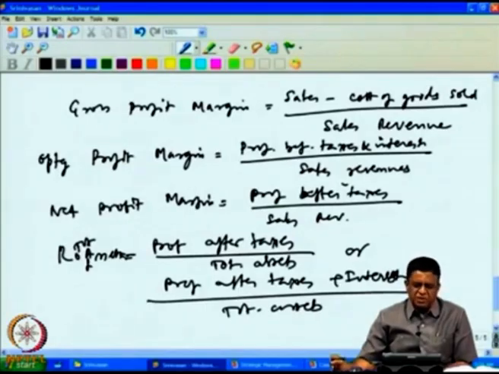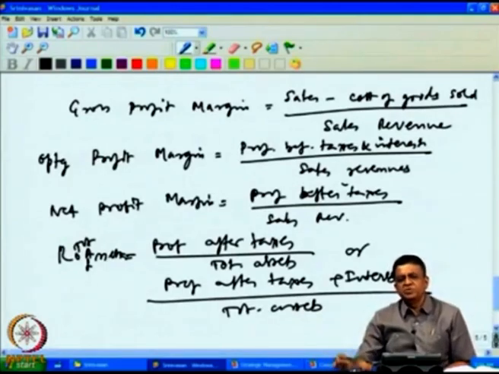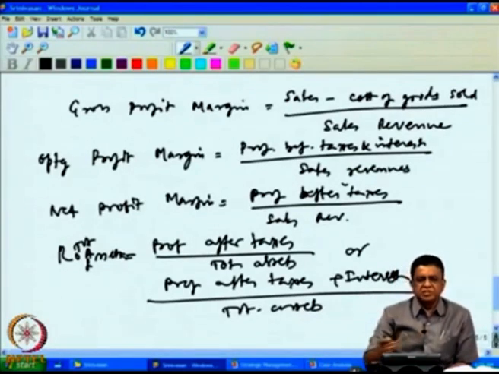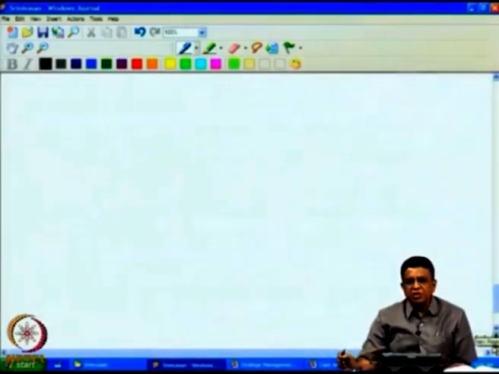The return on total assets, similarly, is about how you have made use of the assets of the company to produce products. Suppose it is a manufacturing company, it can be your production lines, the type of equipment that you make use of.